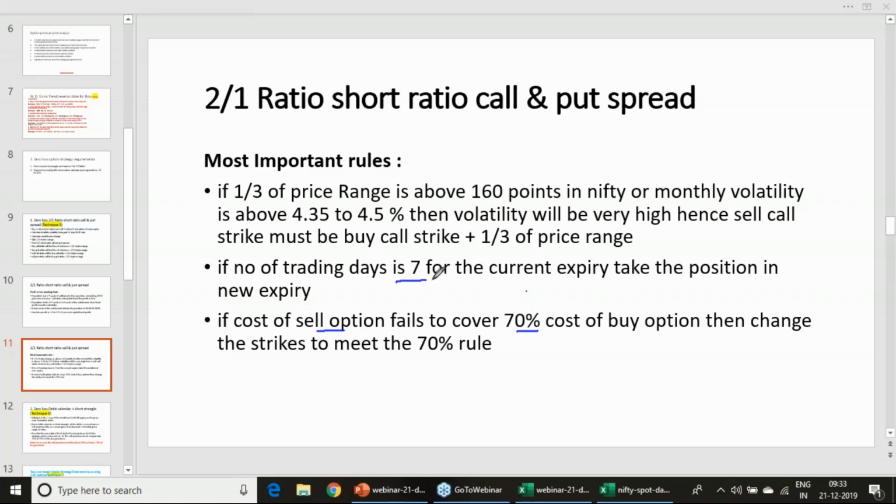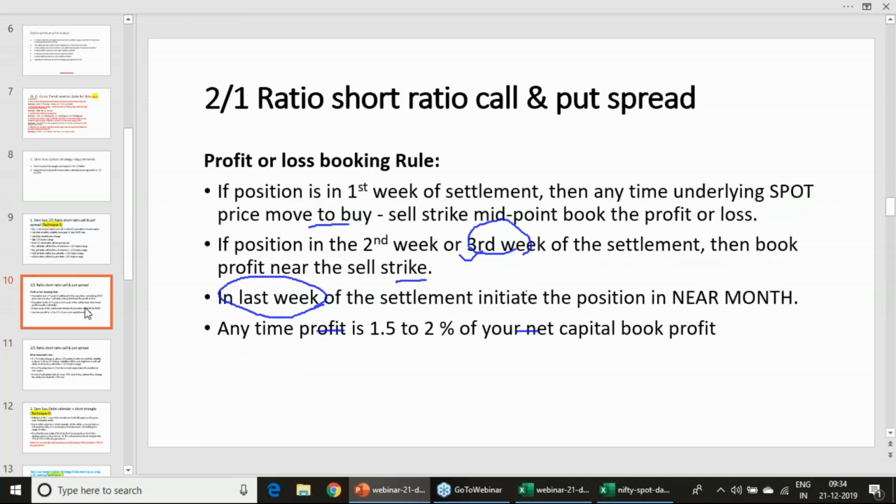Number two, if you are in the last week of the current expiry, you must initiate the position in the new expiry. Number three, if the monthly volatility is between 4.3 to 4.5%, decide the selling strike at 1/3 of the price range, not at 2/3 of the price range. If you obey these three rules, you can make great success in this strategy.